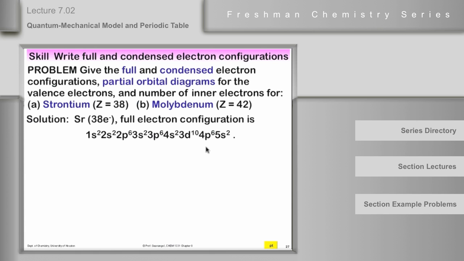That's the full. It also says the condensed. So that would be krypton, 5s2, krypton being the nearest noble gas. How many inner electrons? The same number as krypton, 36. And that's that. Questions on strontium?